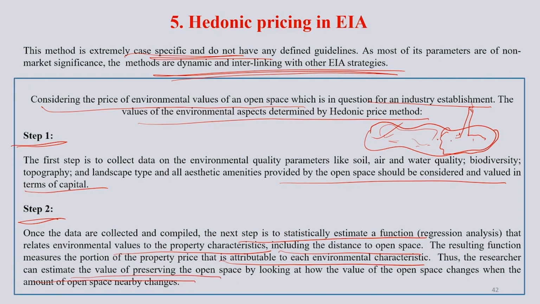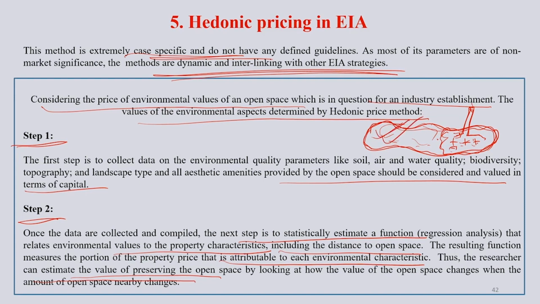So if some part of your open space is occupied by some other activity or project, hedonic pricing also allows you to understand that with any change in the part of this entire open space, like in this space, how the value of the remaining space will also change.